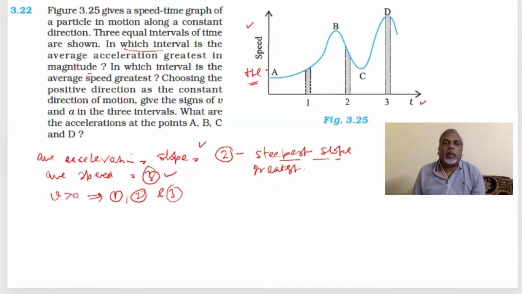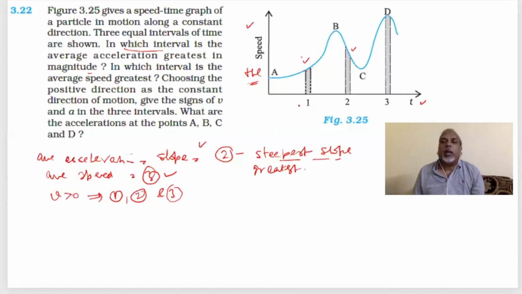And what about acceleration? Acceleration is, of course, the slope. And here you have to see, this is a positive slope. This is a negative slope. This is, you can say, parallel to t, or it seems to be a positive slope.